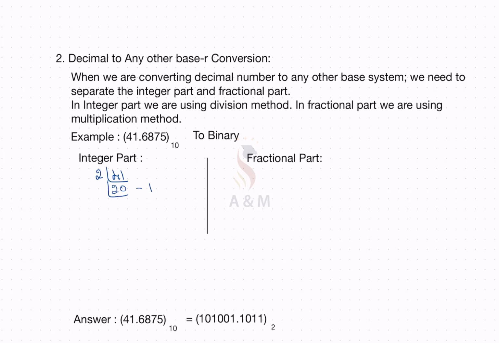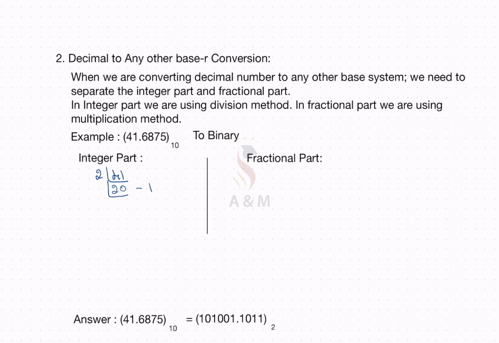Again divided by 2, we get 5 and 0 as a remainder. Again divided by 2, we get 2 and 1 as a remainder. Divide 2 by 2, we get 1, the remainder 0.